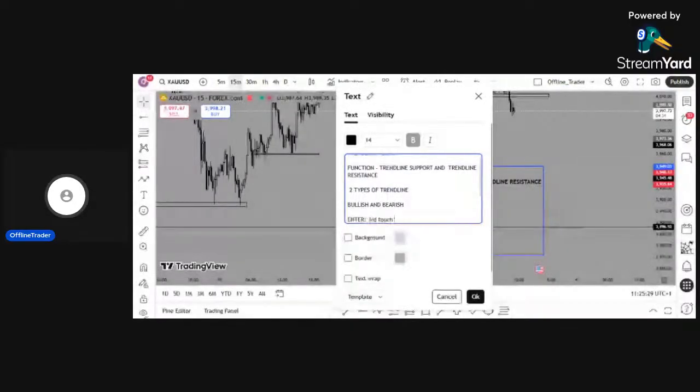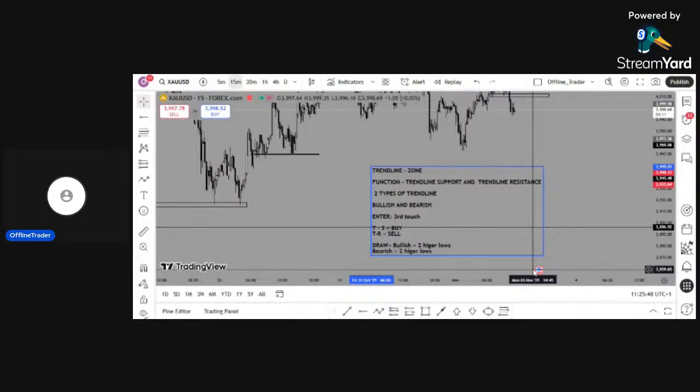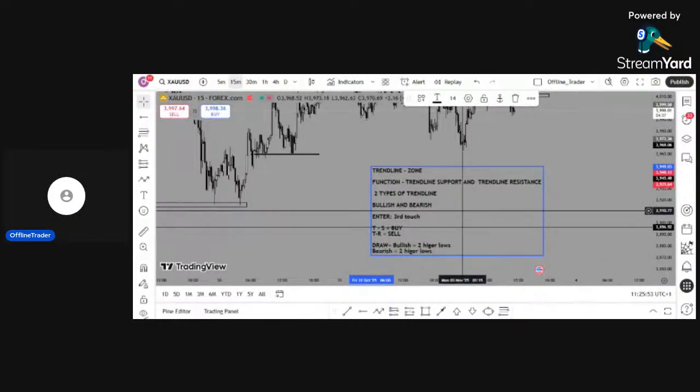Since we mark out two highs that are connecting, let's say the trend is bearish and it gave us two lower highs, then we connect the two lower highs. When the market retraces to the third touch, that's when you enter. I will just draw it in a diagram so you can understand it better.